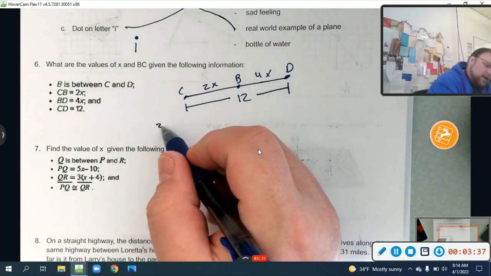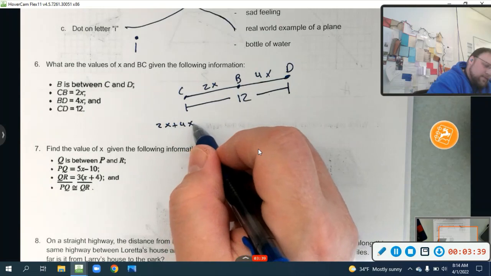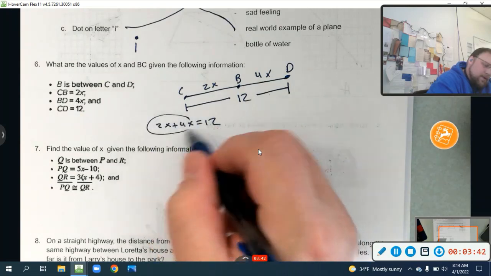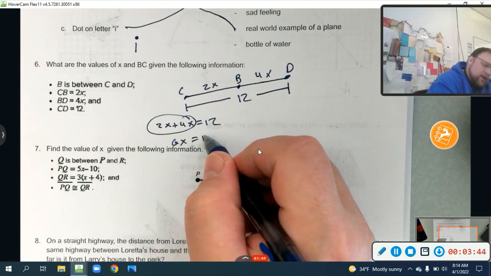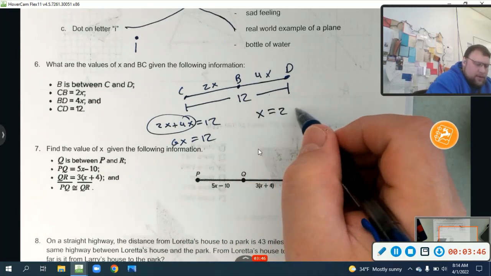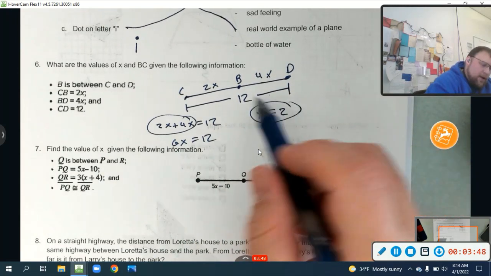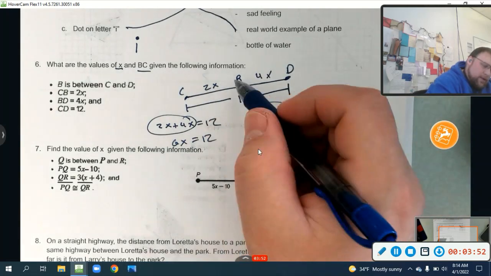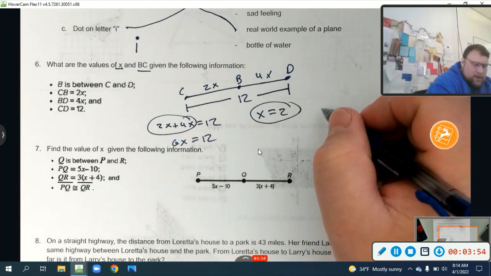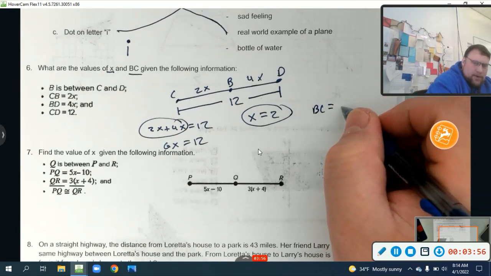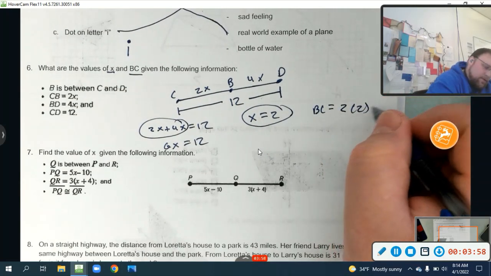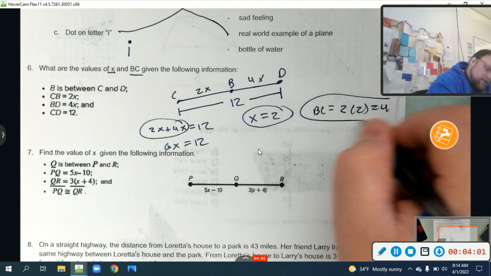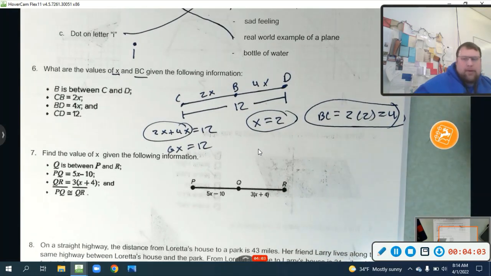Which is 6x equals 12, or x equals 2. So we have the x part, but it also wants us to find BC. Well, we know that BC is 2x, so BC equals 2 times 2, which equals 4. And there we go.